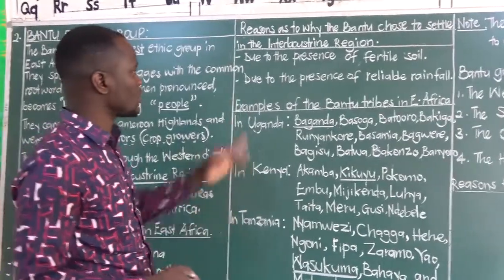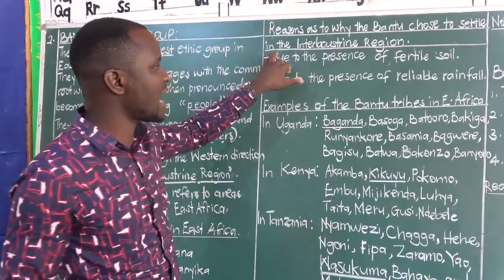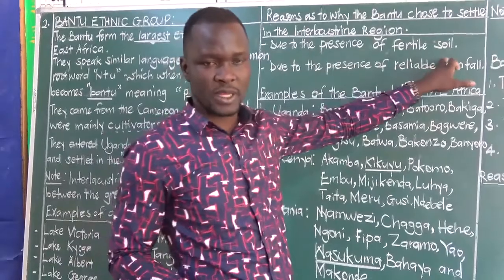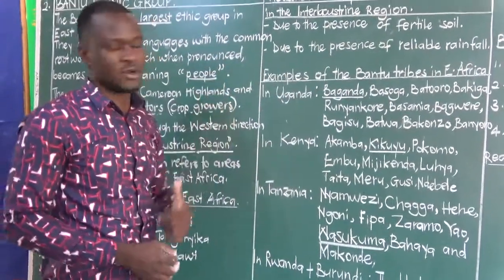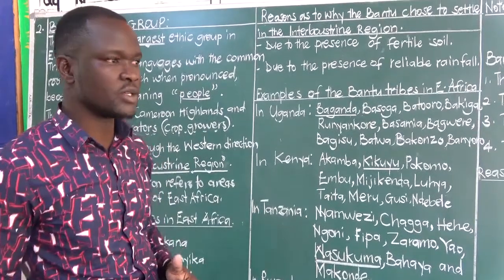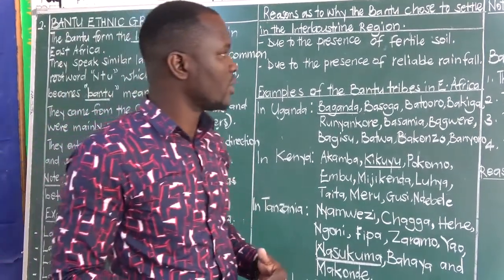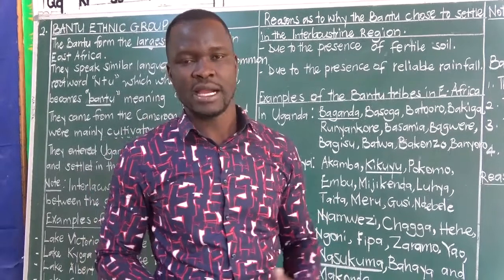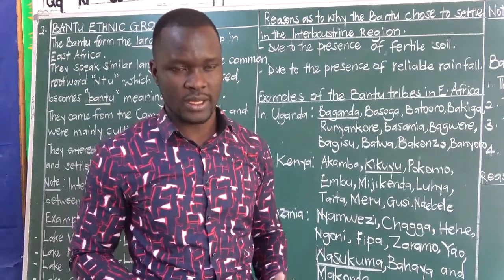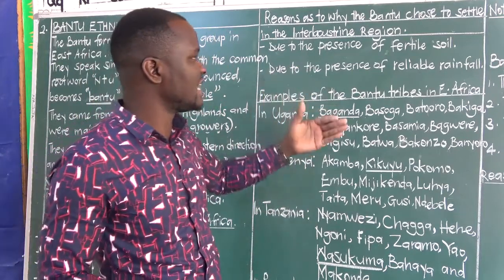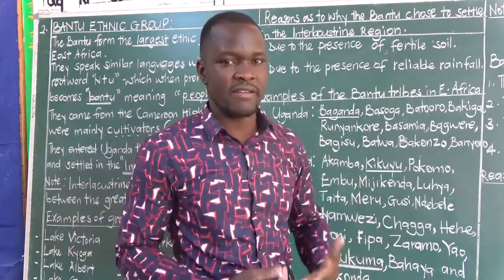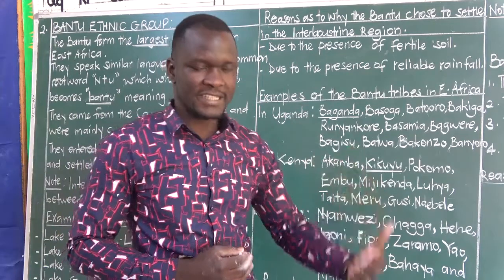For which reasons? One, those areas had fertile soil. Of course, we go back to the major economic activity of the Bantu. We say these people were mainly carrying out crop growing, that is cultivation. So because of that, these people had to look for areas that had fertile soil.